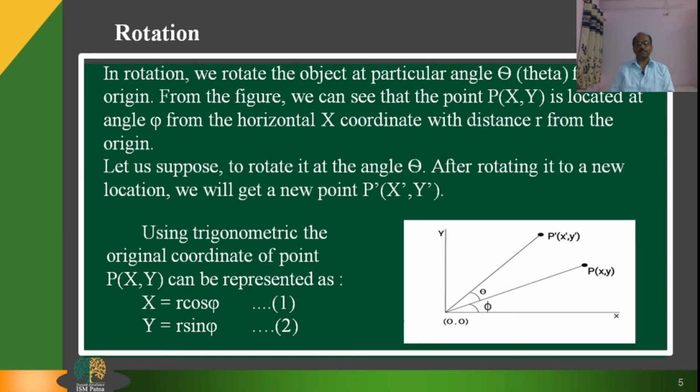After rotating it to a new location, we get a new point, P x dash and y dash. So P x, y can be represented as x is equal to r cos phi and y is equal to r sin phi. Using these expressions, we rotate an object in our graphics.